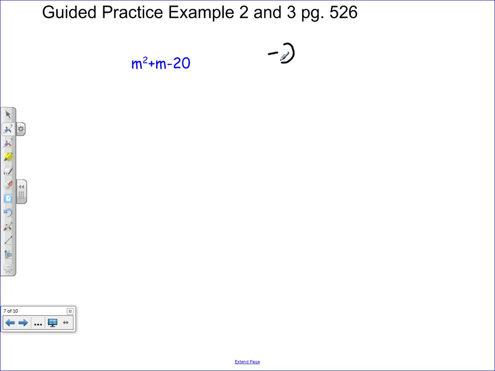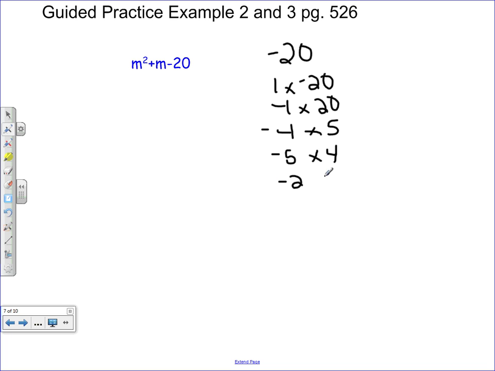Here we have a negative 20. If this number is negative, that means our factor pairs are one has to be positive and one has to be negative. For example, positive 1, negative 20. Negative 1, positive 20. Negative 4, positive 5. Negative 5, positive 4. Negative 2, positive 10. Negative 10, positive 2.